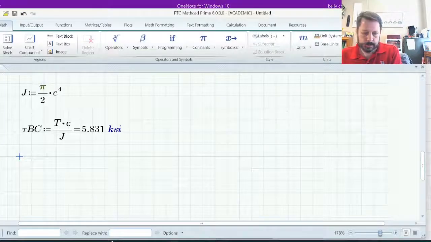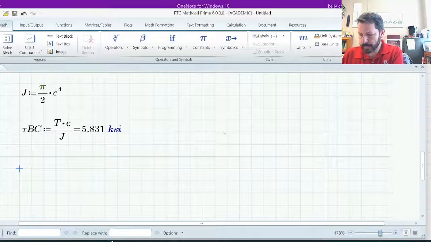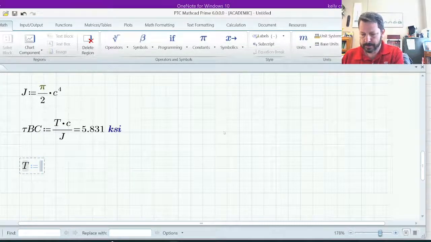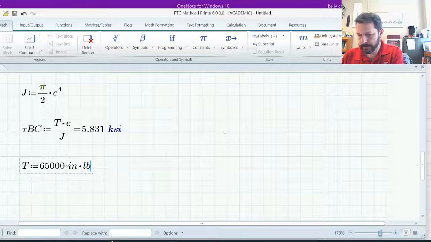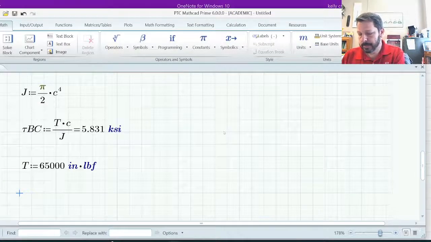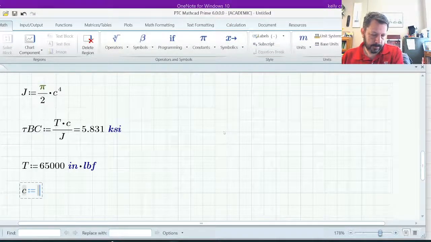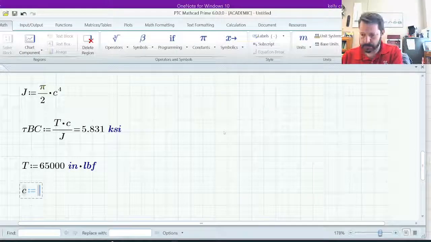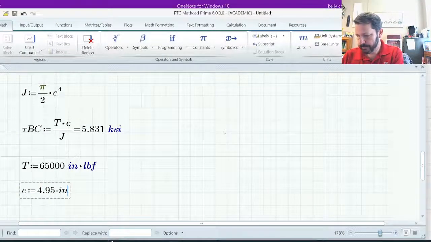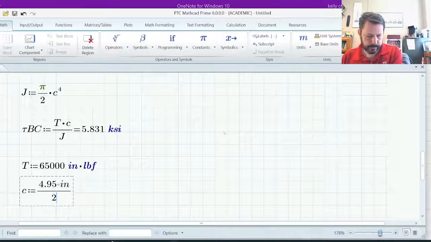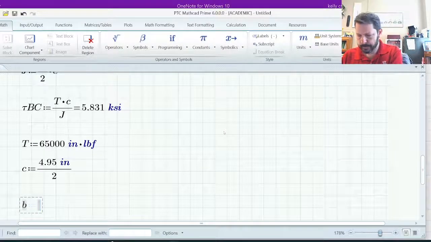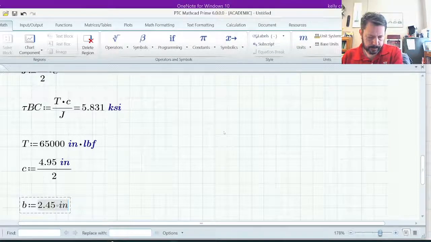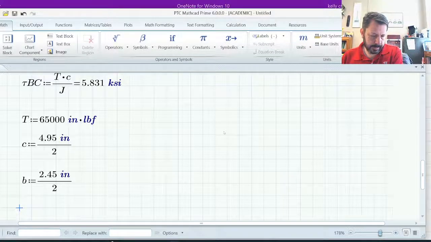Let's see. All right, we've got a new value for torque was 65,000 inch-pounds. We've got C is 4.95 over 2. We've got B was 2.45. Let's see, that's TC. That'll give us J. That's all we need, isn't it?